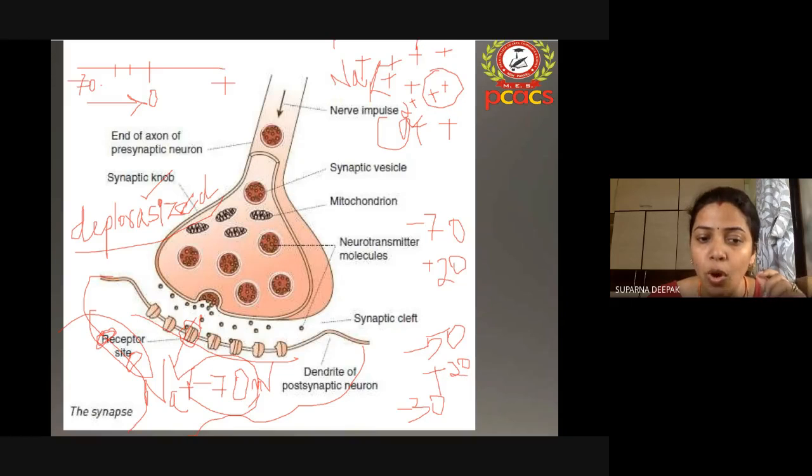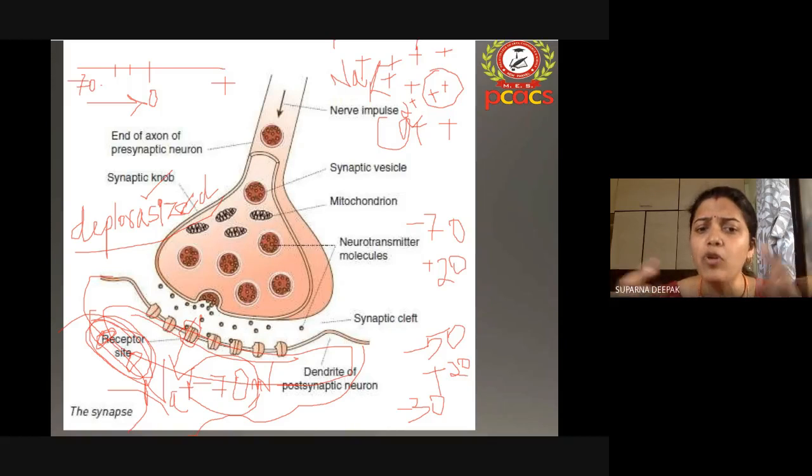When your sodium ions are coming in and the depolarization occurs at this particular region, this depolarization would be sensed by the voltage sensitive channels, and these voltage sensitive channels will also open up. So jab ye channels open up honge, और भी sodium ions और भी potassium ions अंदर आएंगे.